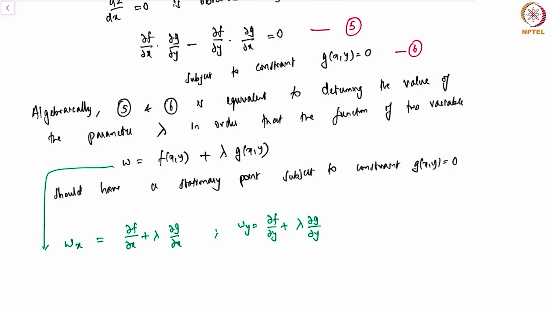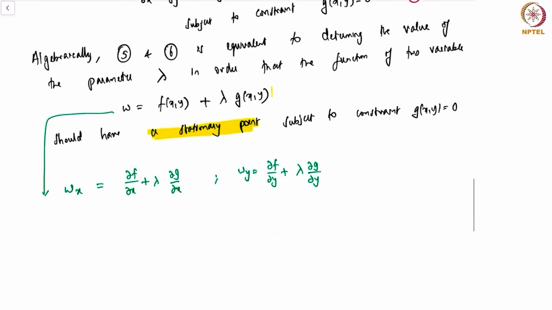Now, if the tangency condition has to be met, then all the derivatives of W have to go to 0. Correct? So essentially, if we say that this function of two variables, W, should have a stationary point, that simply means that the derivatives of W have to go to 0.